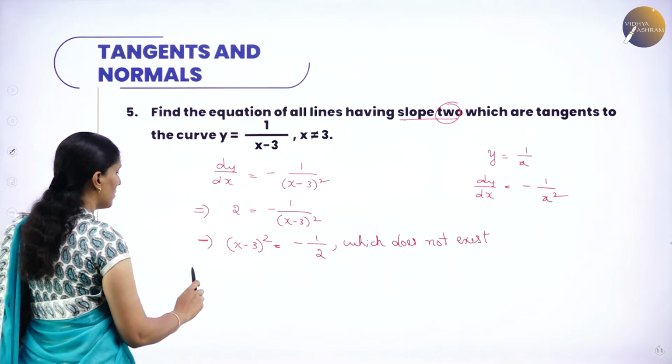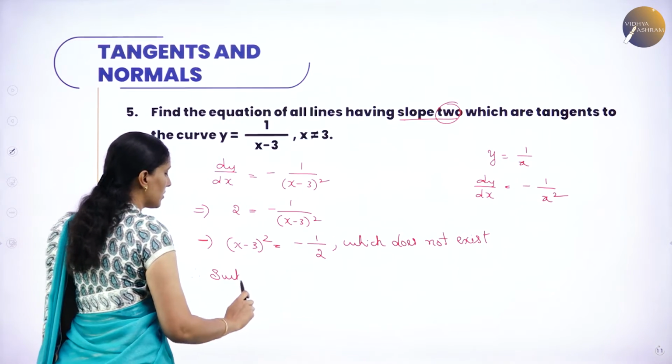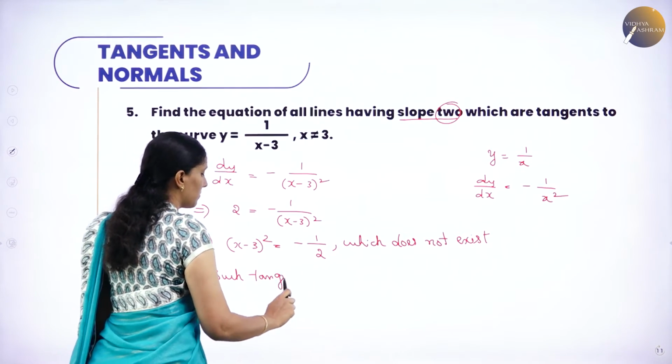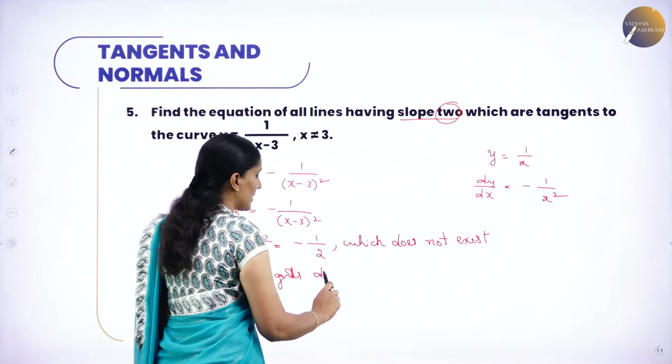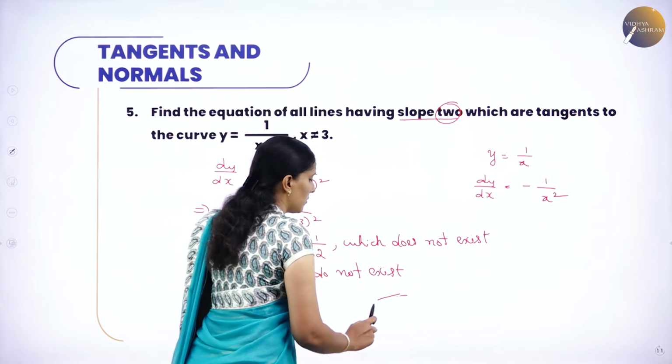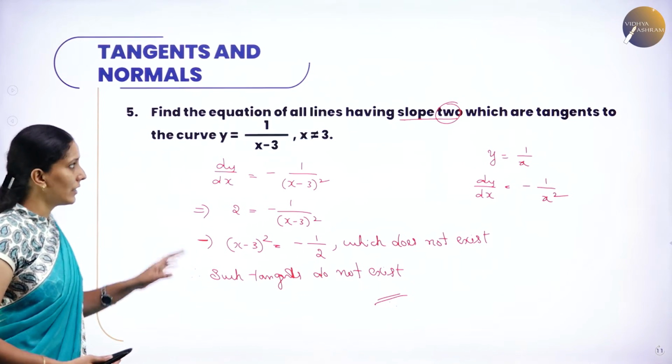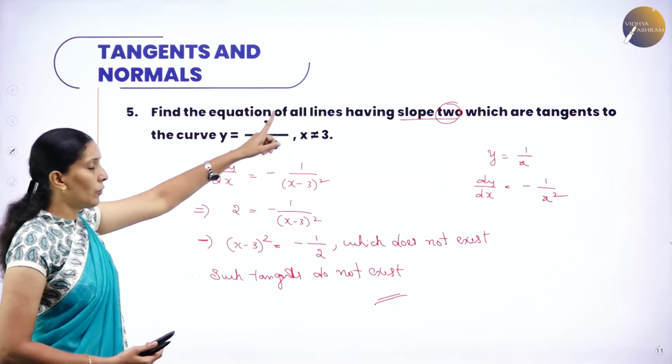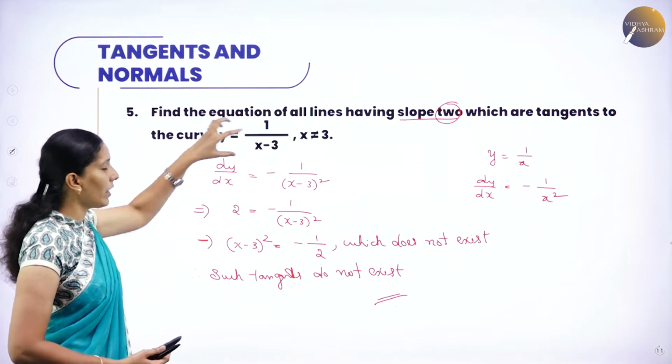So therefore, such tangents do not exist. This means there are no tangents to the curve whose slope is equal to 2 for the given curve.